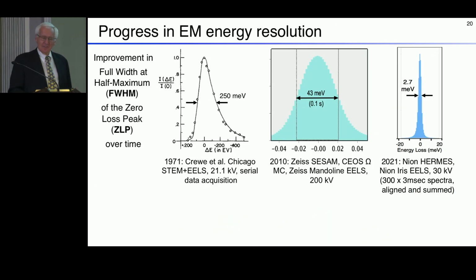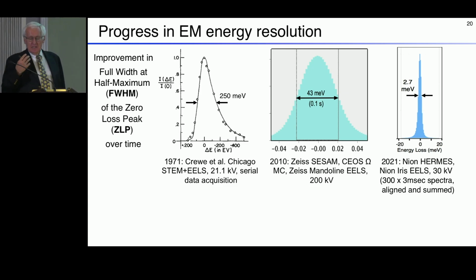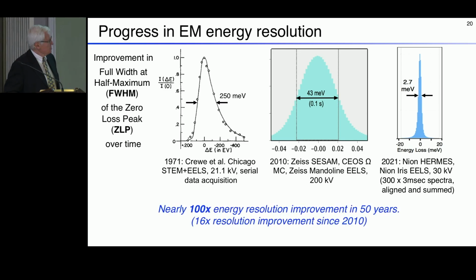But that doesn't mean that there's no further progress possible in electron microscopes. So where aberration correction and ptychography together improved the resolution of microscopes from somewhere around 2 angstroms down to 0.3, in energy loss spectroscopy, over a corresponding period, we have had 100 times improvement in resolution.